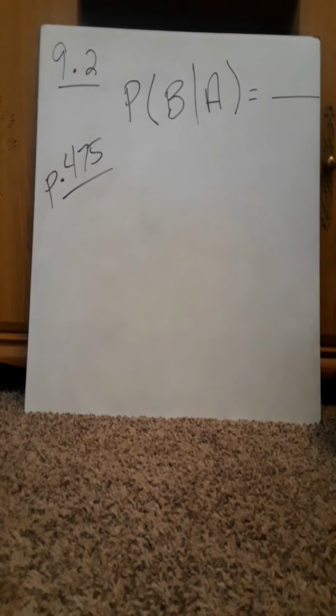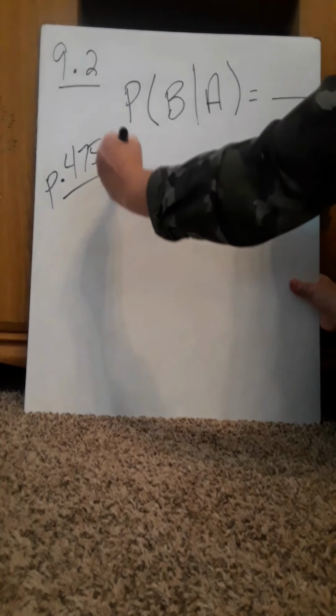Then it says, what is the probability that a member of the art club selected at random is a junior? So here's how that is a conditional probability. What is the probability that a member of the art club? That's your condition. They have to be a member of the art club. And we're looking for the probability that a member of the art club selected at random is a junior. That's the probability you're looking for.